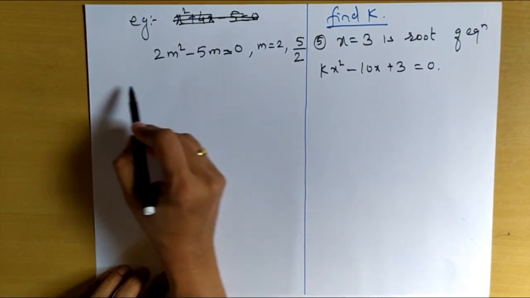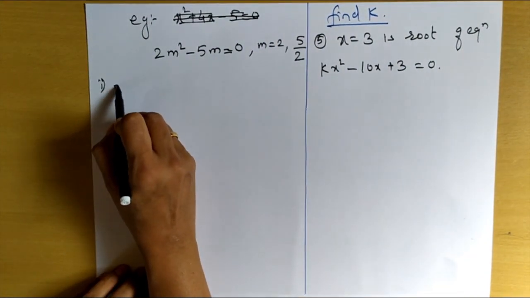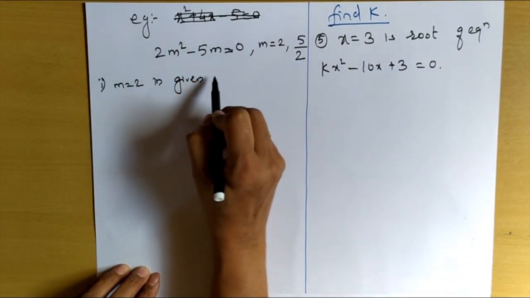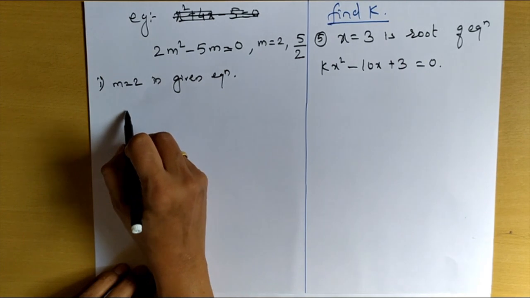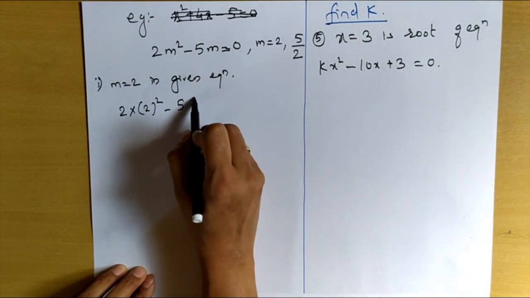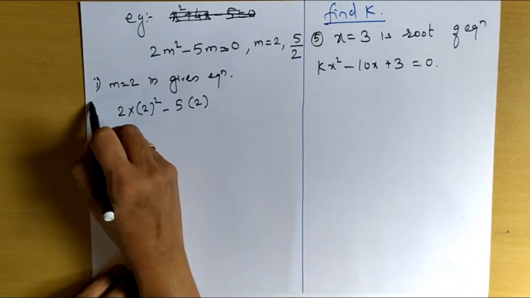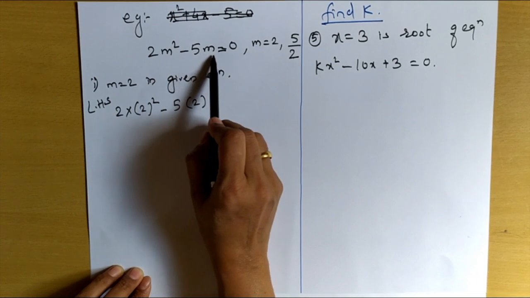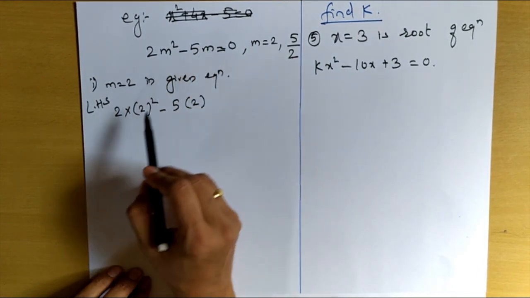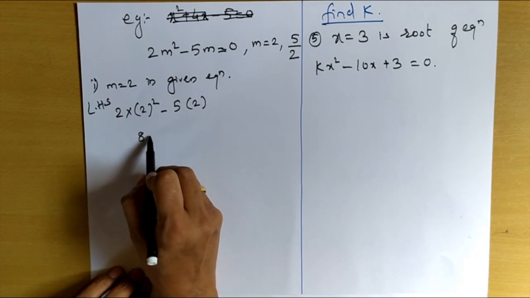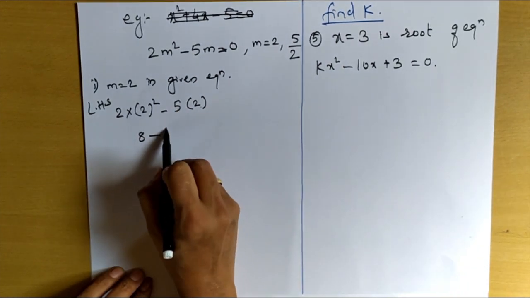So for that, first substitute m is equal to 2 in the given equation. 2 multiplied by 2 square minus 5 multiplied by 2. We are just considering the LHS and we have to see whether LHS comes out to be equal to RHS. So what do you get? 2 square is 4, 4 2s are 8. 8 minus 5 into 2, that is 10.